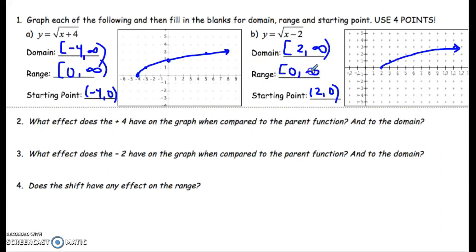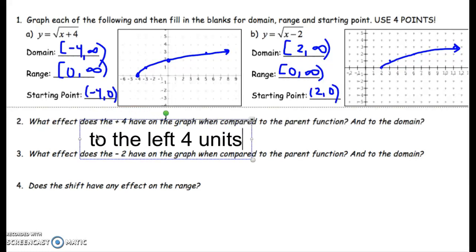So let's go ahead and draw some conclusions here. What effect did the plus 4 have on the graph when compared to the parent function? So we have actually done this before with quadratics. I have a number in with the x. The plus 4 actually moved my function to the left 4 units.